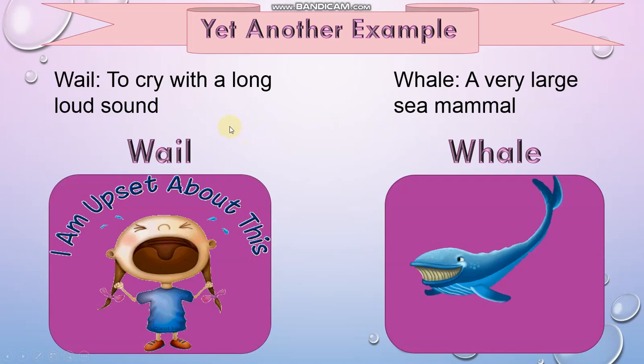So, if I give you a sentence saying that I heard a girl wailing loudly, what does it mean? Does it mean I'm talking about the sea mammal? Does it mean that I'm talking about a girl crying out loudly? Remember I said I heard a girl wailing out loudly. So your clues are the words heard, wailing loudly.